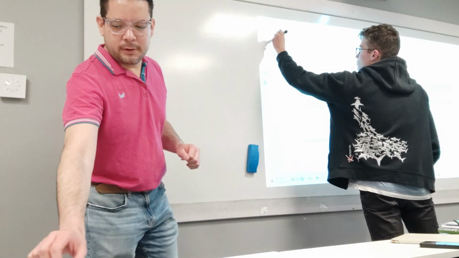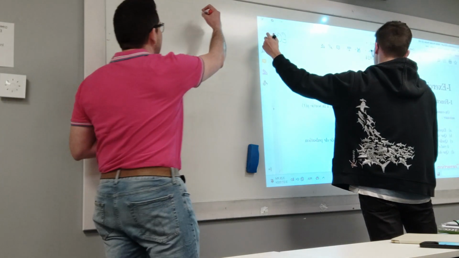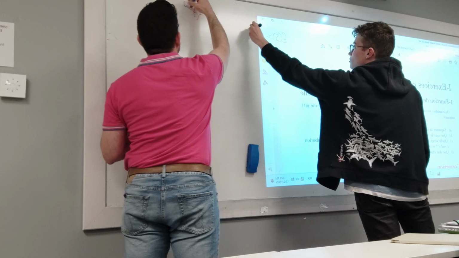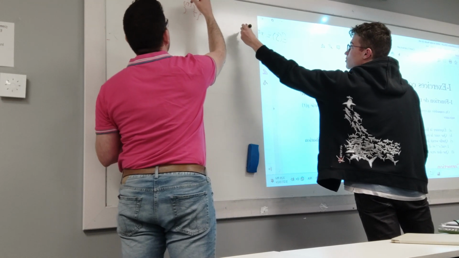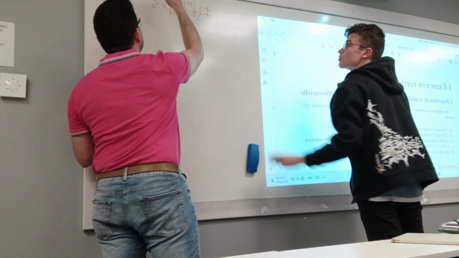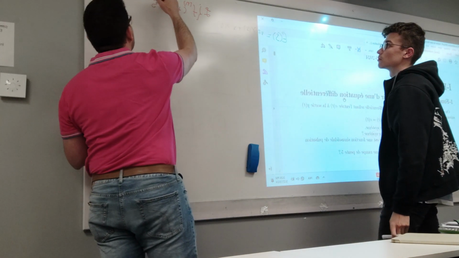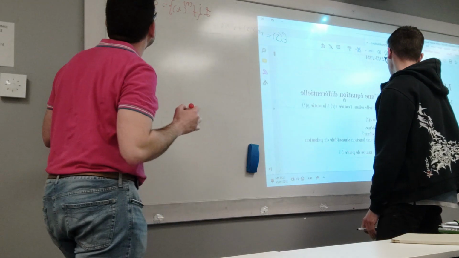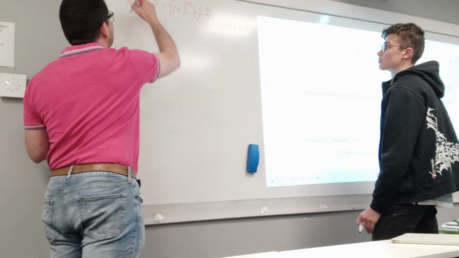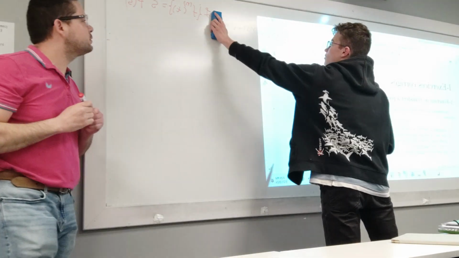So as a reminder, I'm going to give you this: the Laplace of the n derivative of y(t) equals s to the n times the Laplace transform of the function.